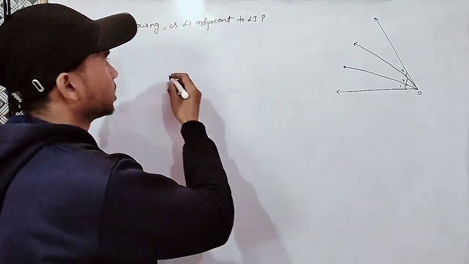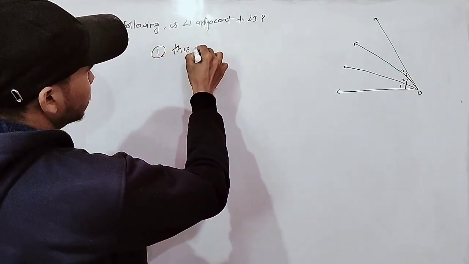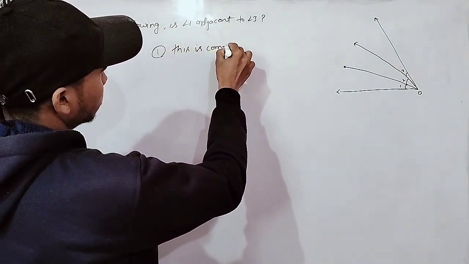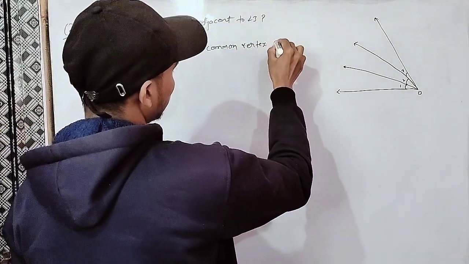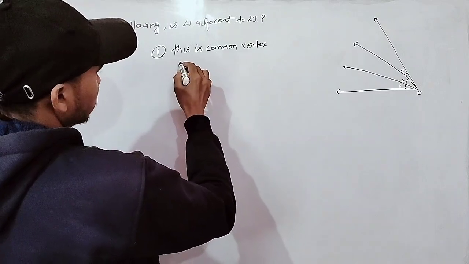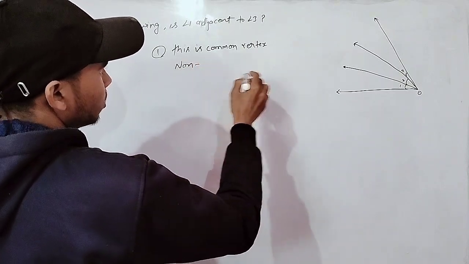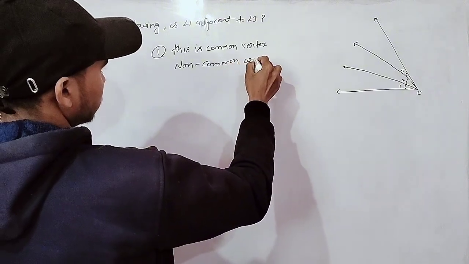Okay, so first, this is a common vertex. Second, non-common arms.